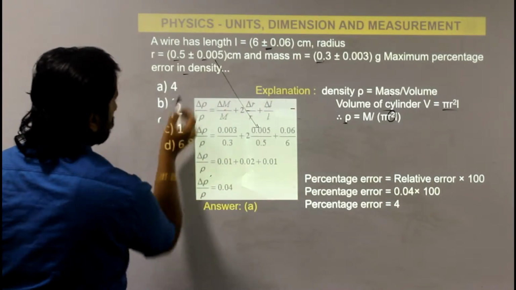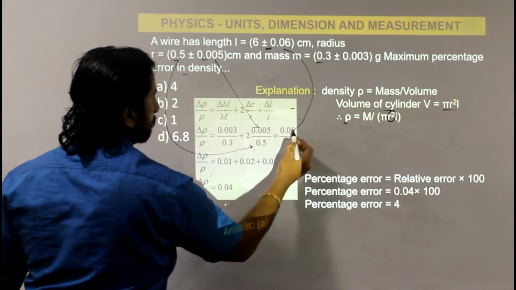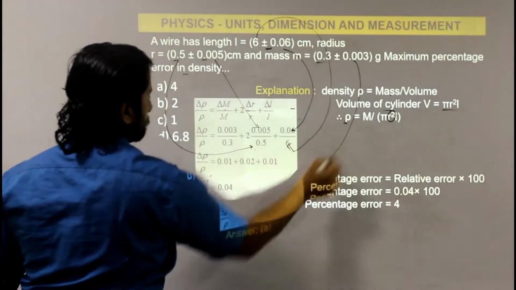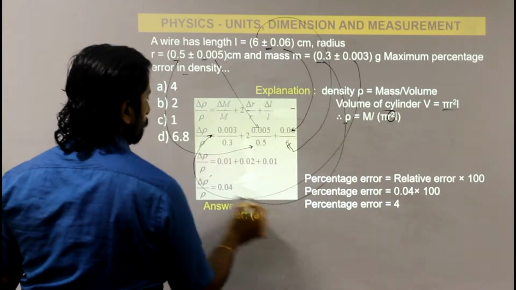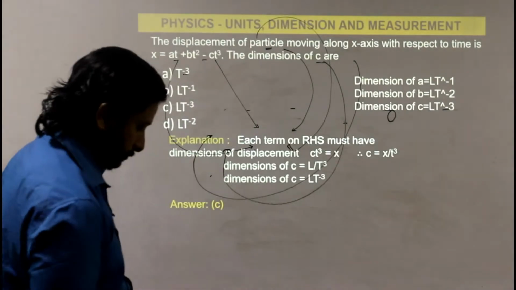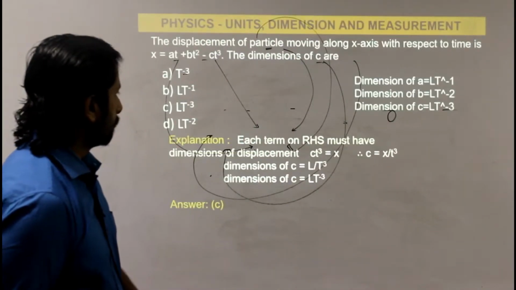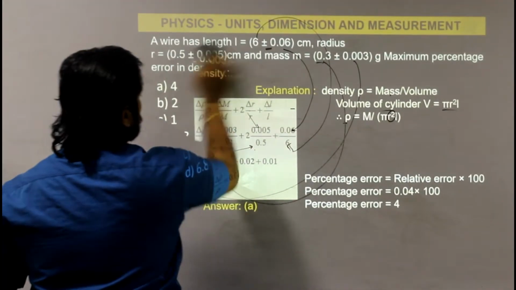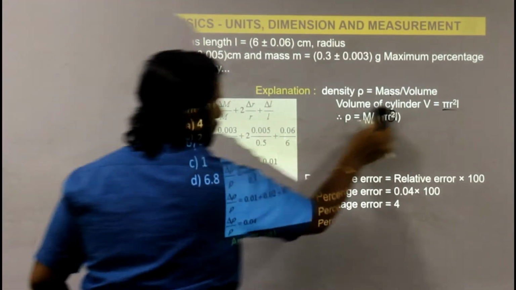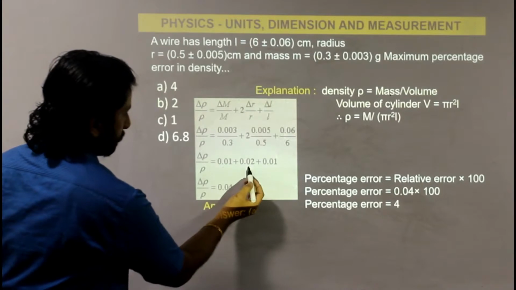So solving this equation, you are able to get the answer: 0.01 plus 0.02 plus point.